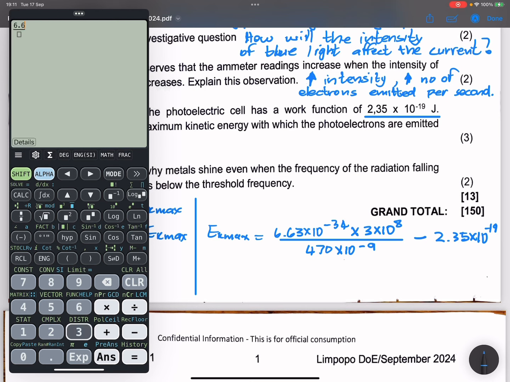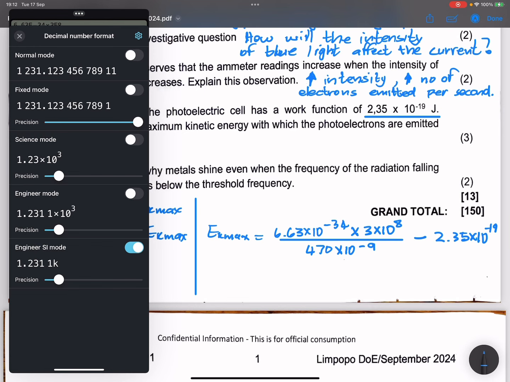So I'm going to say 6.63 times 10 exponent minus 34 multiplied by 3 exponent 8, and this is divided by 470 exponent minus 9. And this is subtract 2.35 exponent minus 19. So in this case, I am going to say the final answer, EK max.